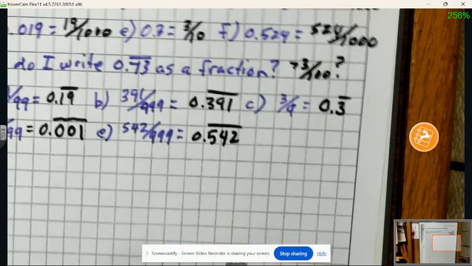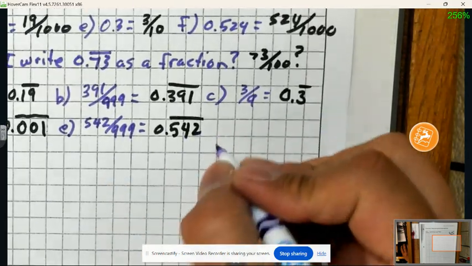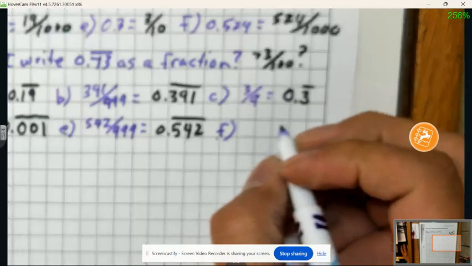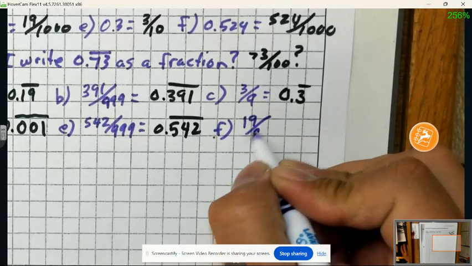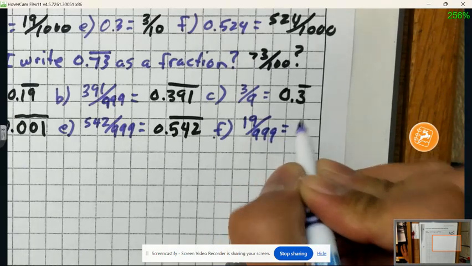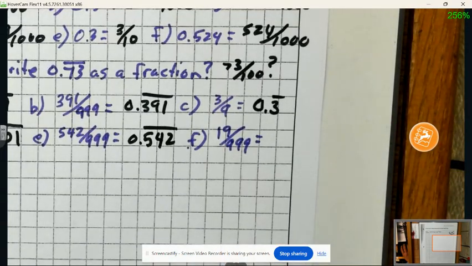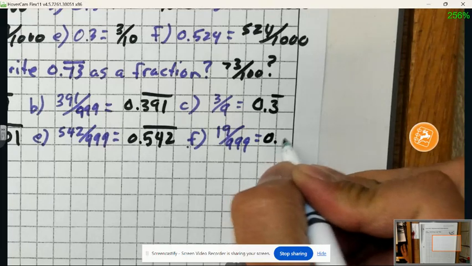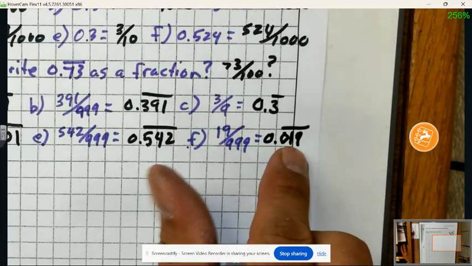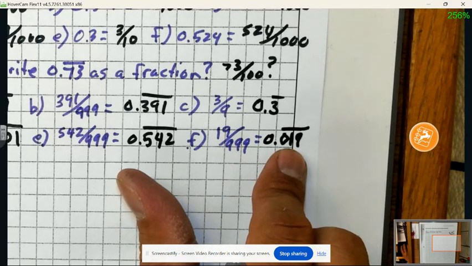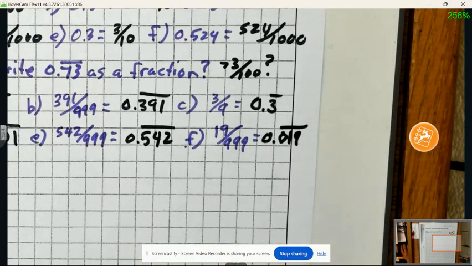But just to settle this, let's see question F. We have 19/999ths. All right, so if you got this, then you completely understand how to get these numbers. You should have 0.019019, 019. Okay, what's going on here?